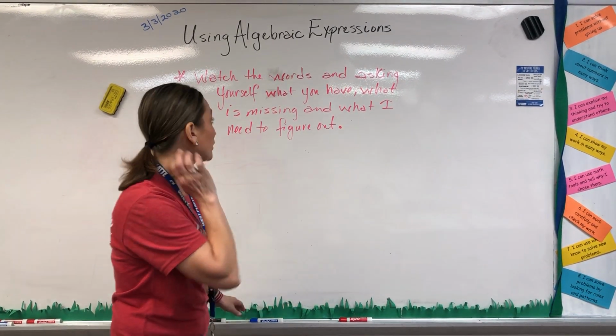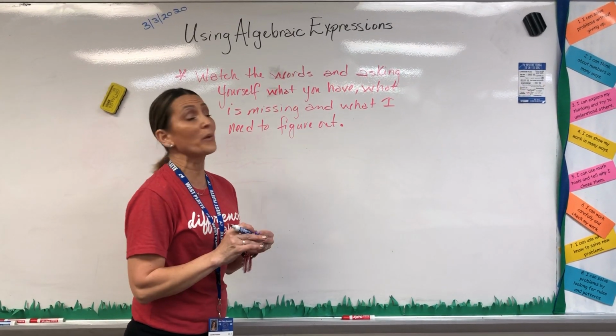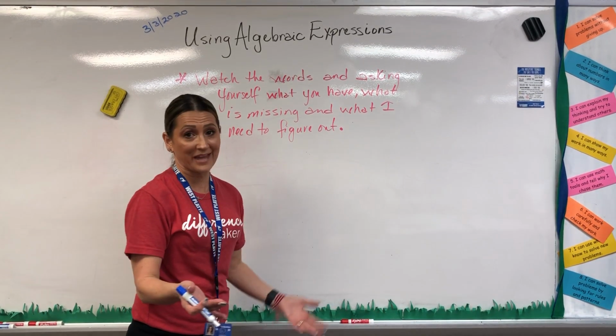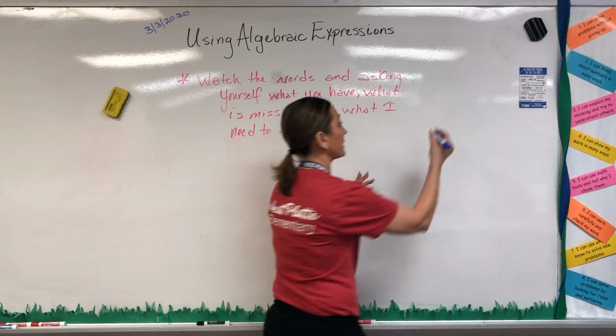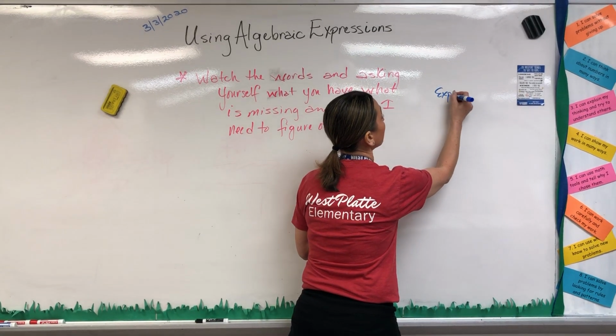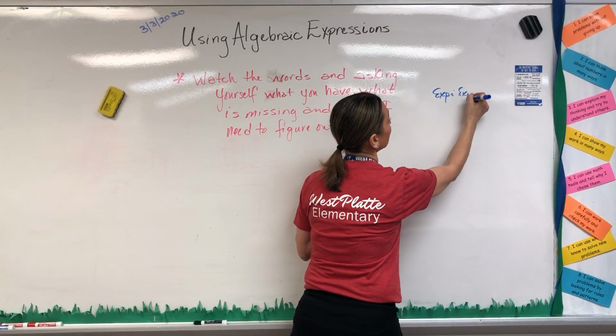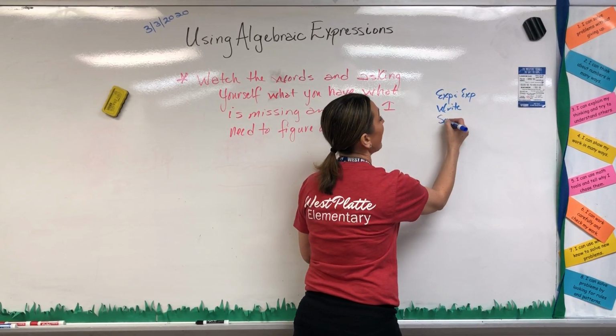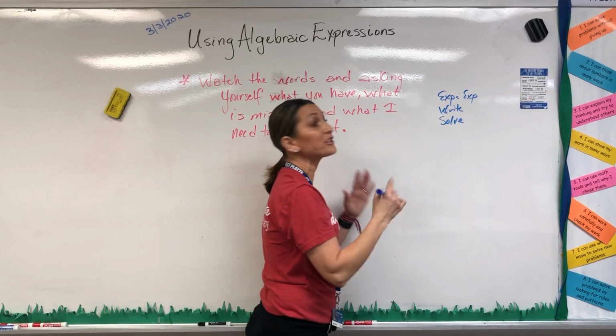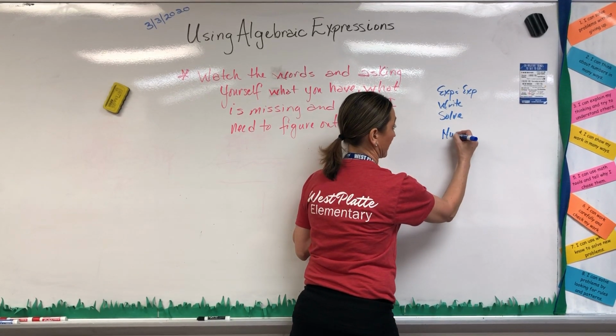So if you talk to your students at home, they know we've started algebra. Of course, I've stated that in every video. And we've discussed three things already. How to solve exponents when they're in expressions, how to write expressions, and how to solve expressions, and not just numerical expressions any longer.